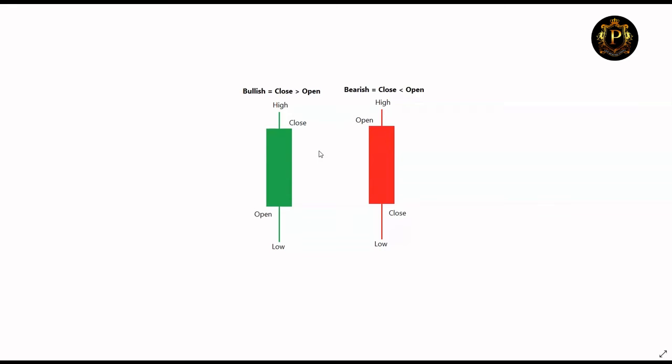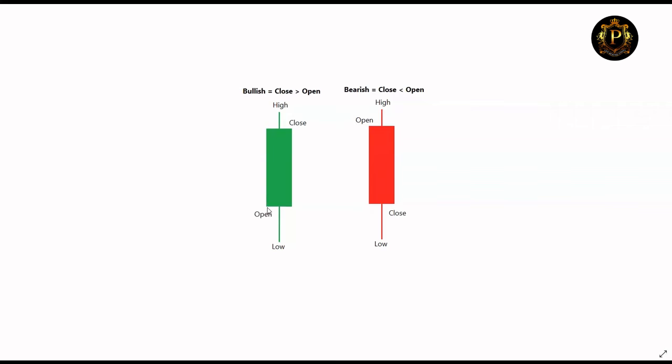So you see why I like the candlestick, because it gives us visual information into what is happening. Let's look at this green one for now. You have what you call the open, which is just right here. This open means that the market opened at this particular point in time.